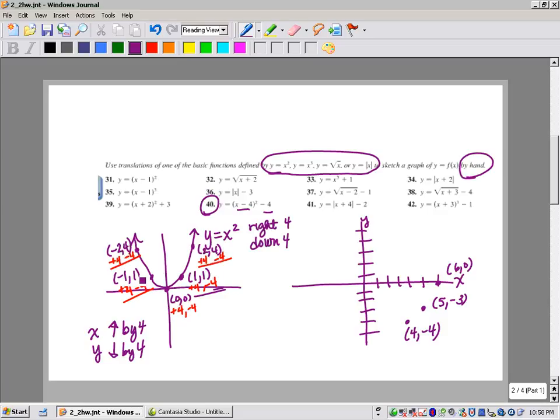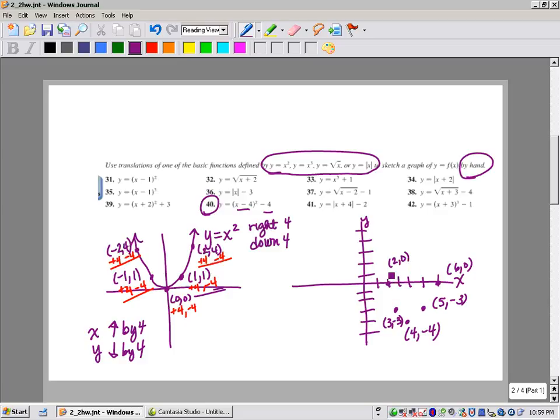And then negative 1, 1, to increase the x by 4 is 3. Decreasing the y by 4 is negative 3. So that's going to be at 3, negative 3. And our last point, negative 2, 4, shifted right 4 and down 4 is going to become 2, 0.